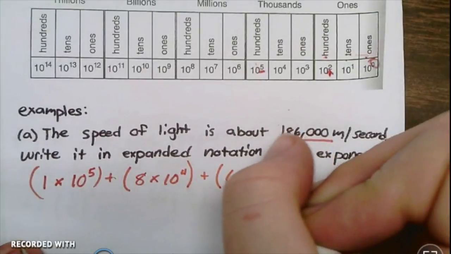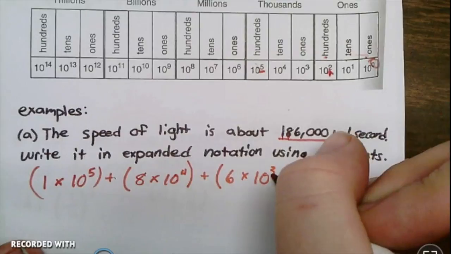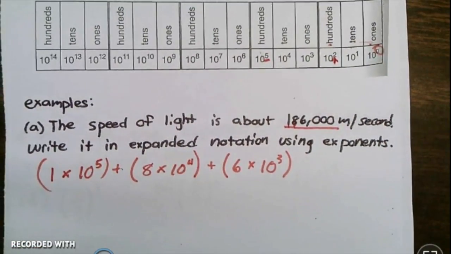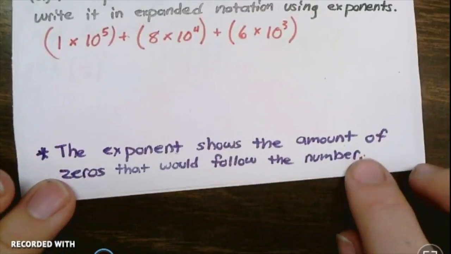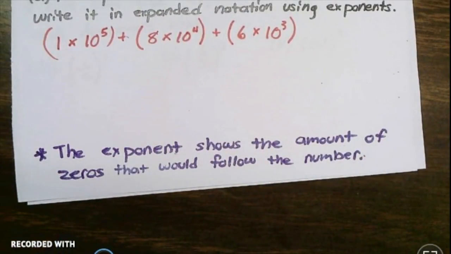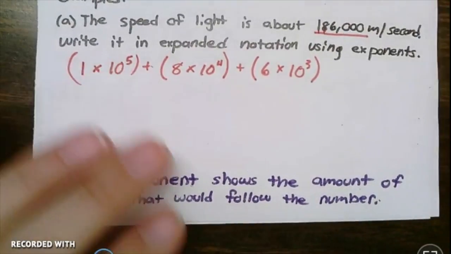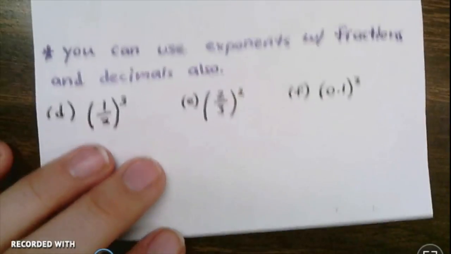Plus 6 times 10 to the 1, 2, 3. And since the rest are zeros, that would be all that we needed to do. Okay, see, this isn't so hard. I have a little note on the bottom for you that says the exponent shows the number of zeros that would follow the number. It's showing its place value still, same as we did before when we wrote them out.